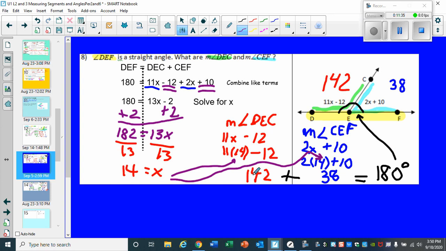And so that's the measure of DEC, 142. Then, for CEF, x is replaced with 14. 3 times 14, 42. Add 10, 52. So that is the measure of CEF. So we should write 142.